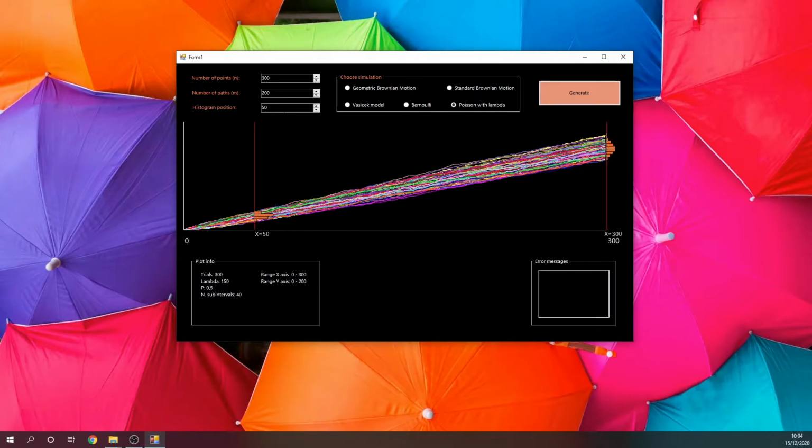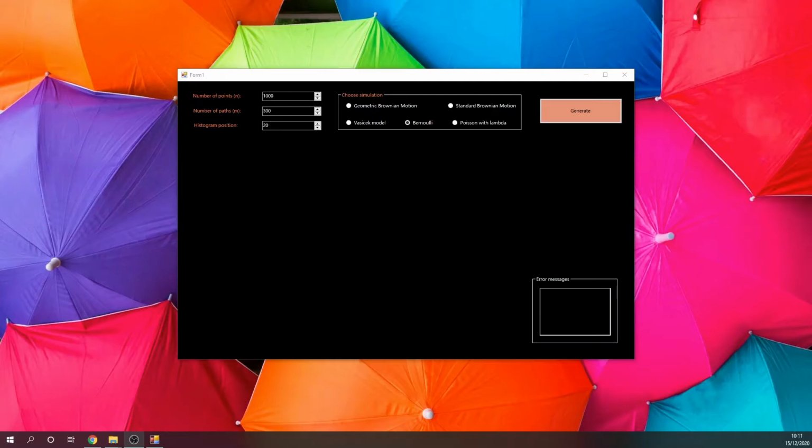Since with time they tend to go far, we can see that the variance increases. In fact, we are starting to have frequency in new regions, and so the final result looks like a normal distribution.